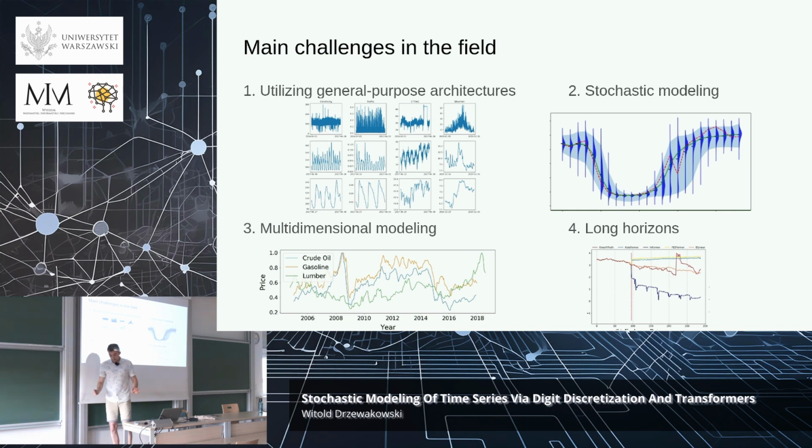Let's say a few words about what the problems in the field are, what the challenges are. I was already talking about the difficulty that comes with the variation across time series datasets. They can have many different patterns, they can exhibit different behaviors, and even inside one dataset the time series can be quite different, and over time they can also vary, right?